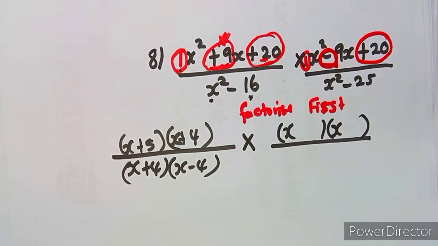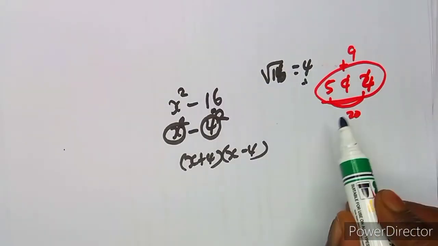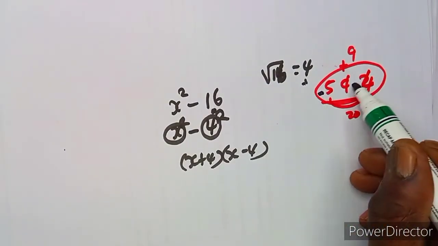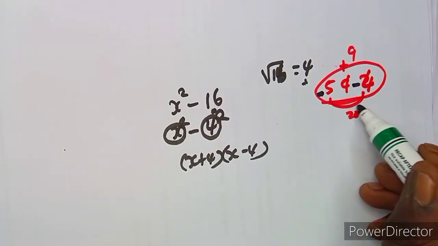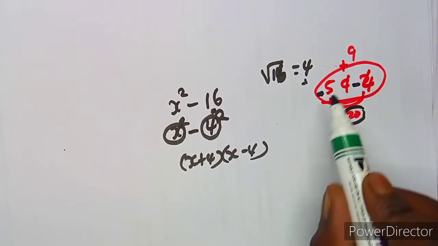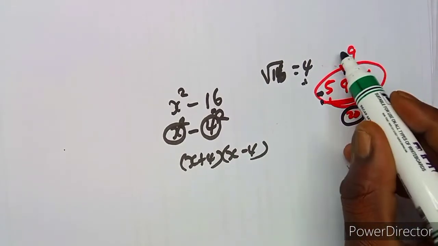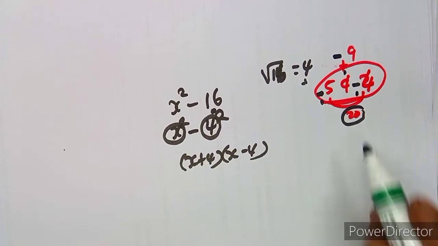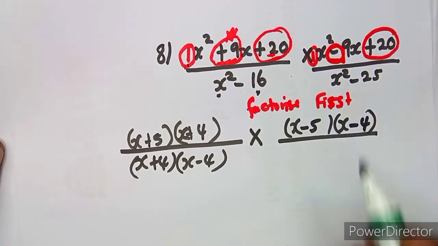So which factors of 20 will give us minus 9? Okay, from those numbers 5 and 4, let's just do something here. If we put a minus and a minus here, if we multiply minus 4 times minus 5, it's still 20. But if I add minus 5 plus minus 4, I'm going to obtain minus 9. So the numbers are minus 5 and minus 4. So that's x minus 5, x minus 4.